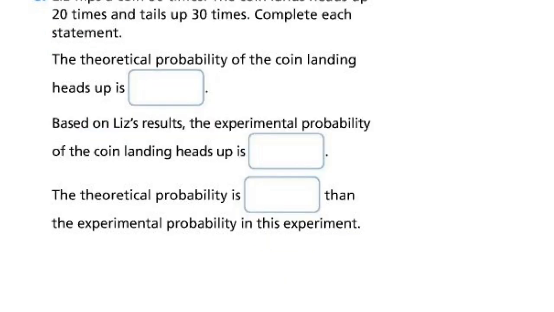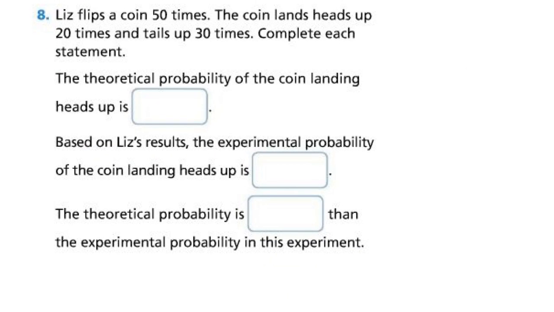Question 8. Liz flips a coin 50 times. The coin lands head up 20 times and tails up 30 times. Complete each statement. Since Liz is doing something, her data is going to give us experimental probability. Our first statement, the theoretical probability of the coin landing heads up.